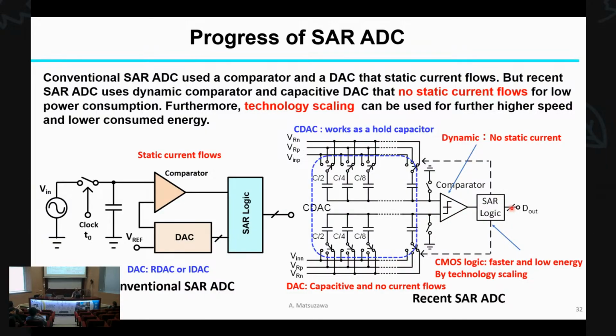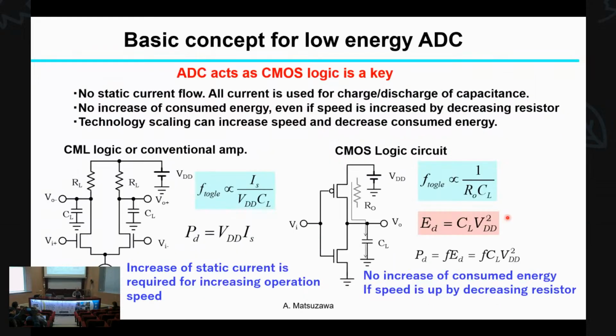So no static power consumption. And the logic is CMOS logic, which can be faster and lower power by technology scaling. So this is my idea, the basic concept of low power ADC.